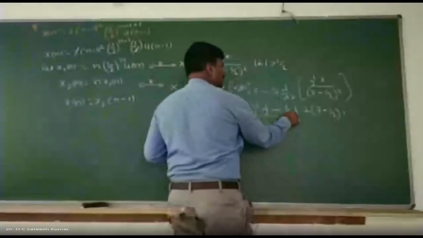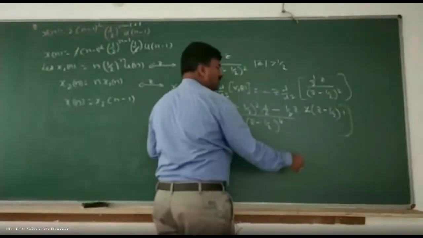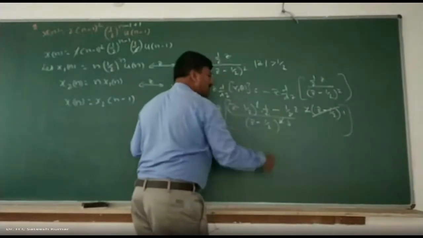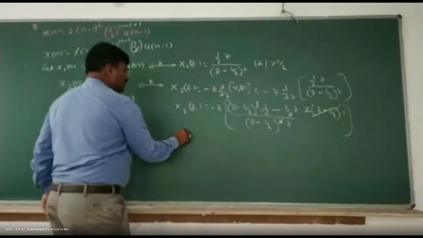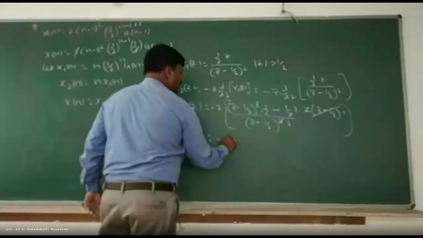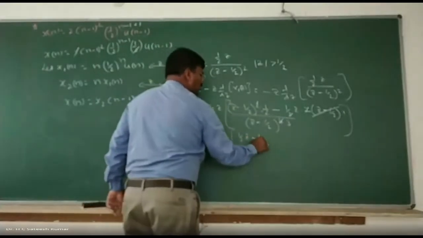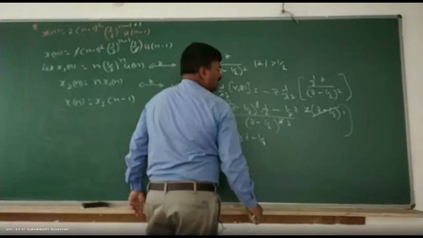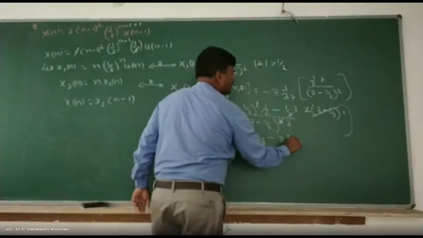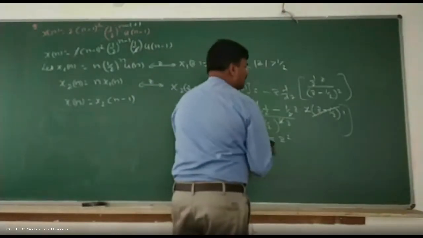Okay, right? This 2 gets cancelled. Now take z minus half common. This z minus half cube times gets cancelled. So therefore x2 of z is equal to minus z into, multiplying in the numerator, half z minus half z, minus 1 by 4. Sorry, it's cancelled, so that is minus z only.